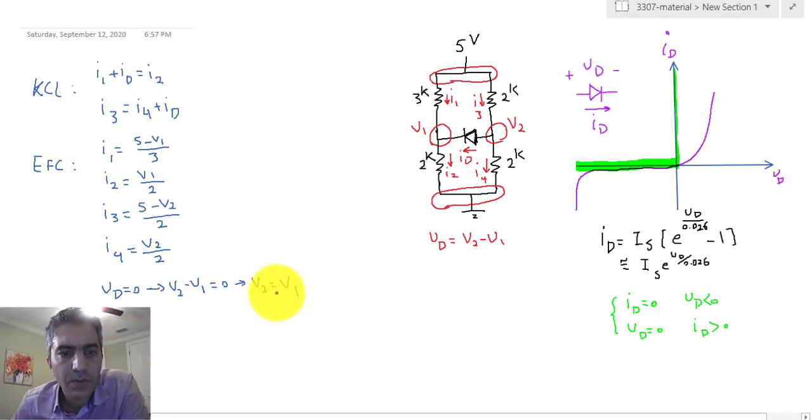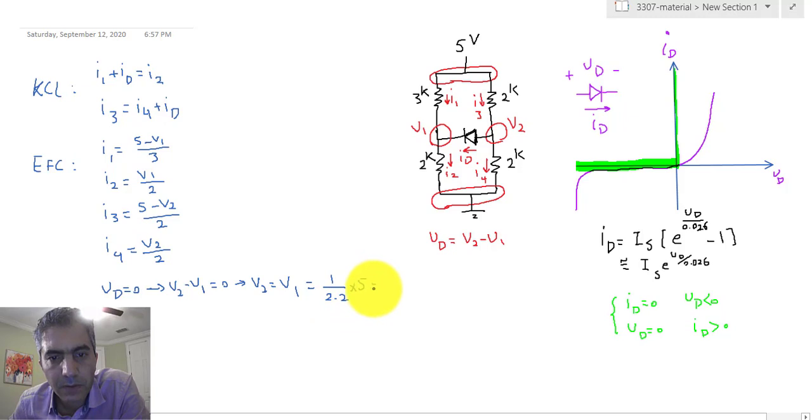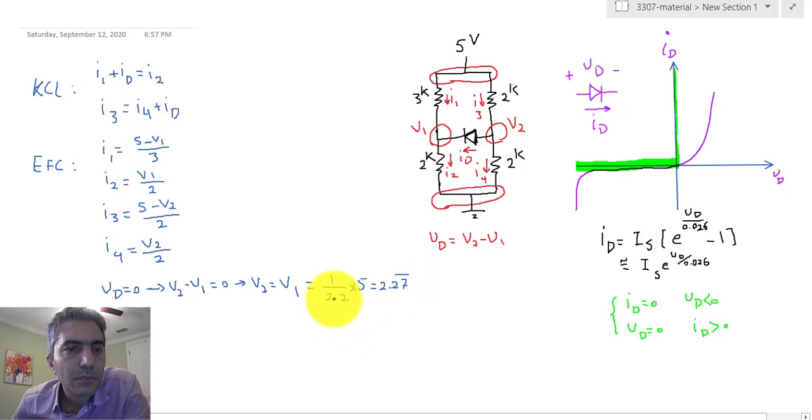And so V2 is equal to V1, and once you do the math, the voltage turns out to be 1 divided by 2.2 times 5, which is roughly 2.27.